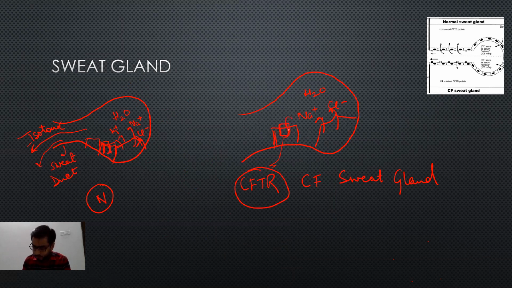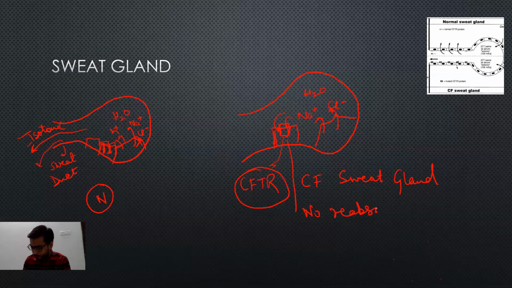So this sodium and this chloride will not be going inside. There is no reabsorption of chloride, because CFTR has its main function in chloride transport. So this CFTR is abnormal.